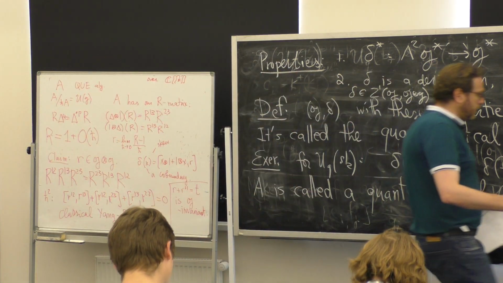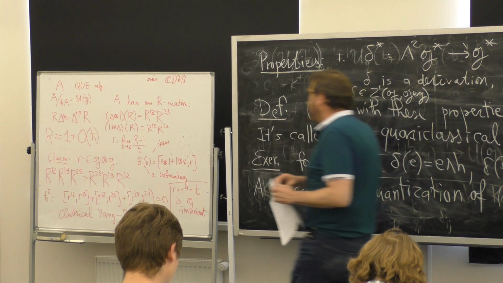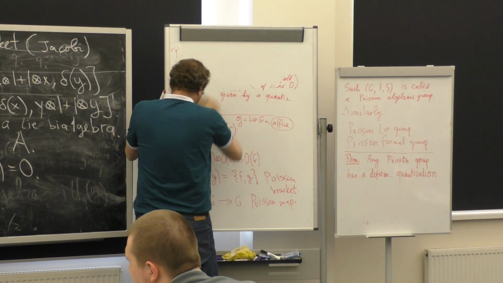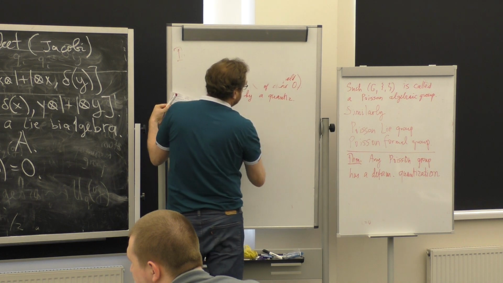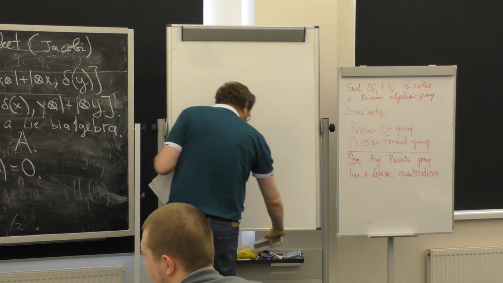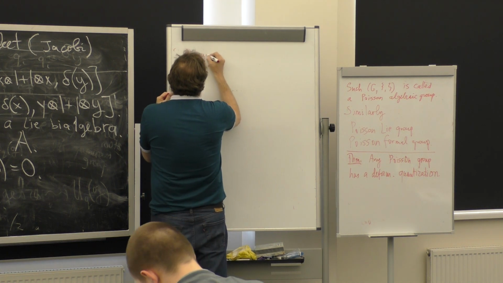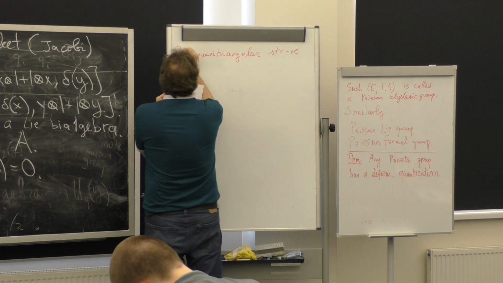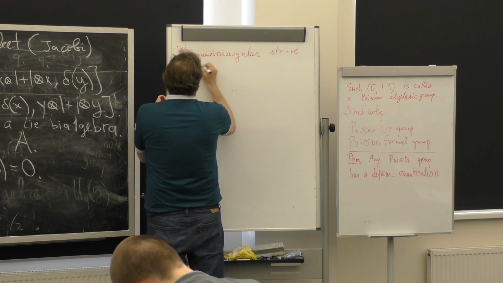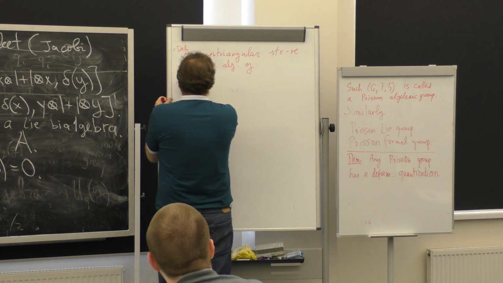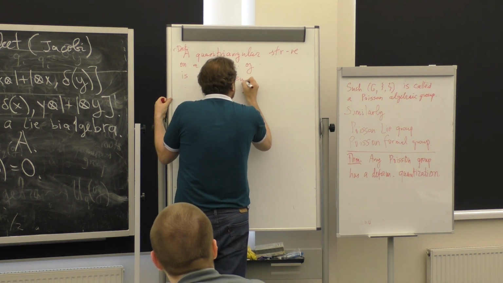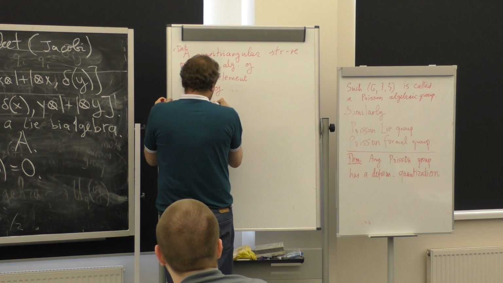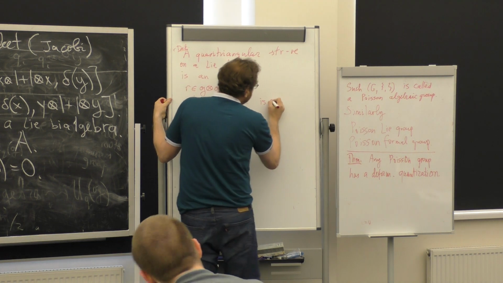So I'm going to wrap up, but the definition that I will make is that a quasi-triangular structure, which is the definition of Drinfeld, on a Lie algebra G is an element r in G tensor G such that r plus r21 equals t is G-invariant.